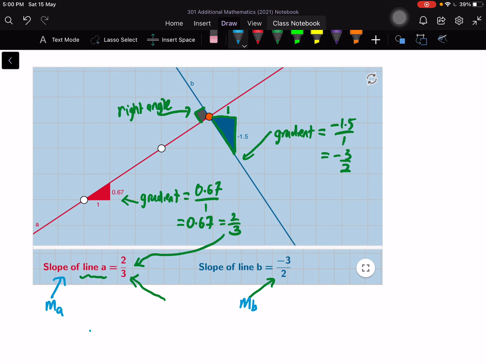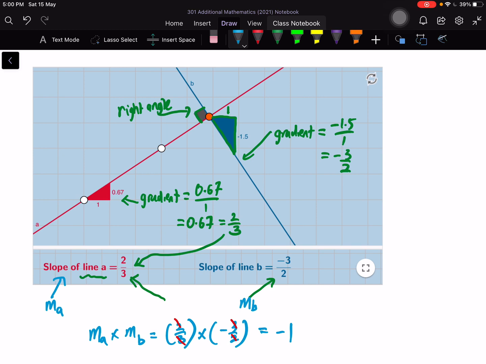Let's try MA multiplied by MB. We have 2/3, the gradient of line A, multiplied by negative 3 over 2, the gradient of line B. Quite nicely, things cancel out, leaving negative 1. So when we multiply the two gradients, we get the answer negative 1.